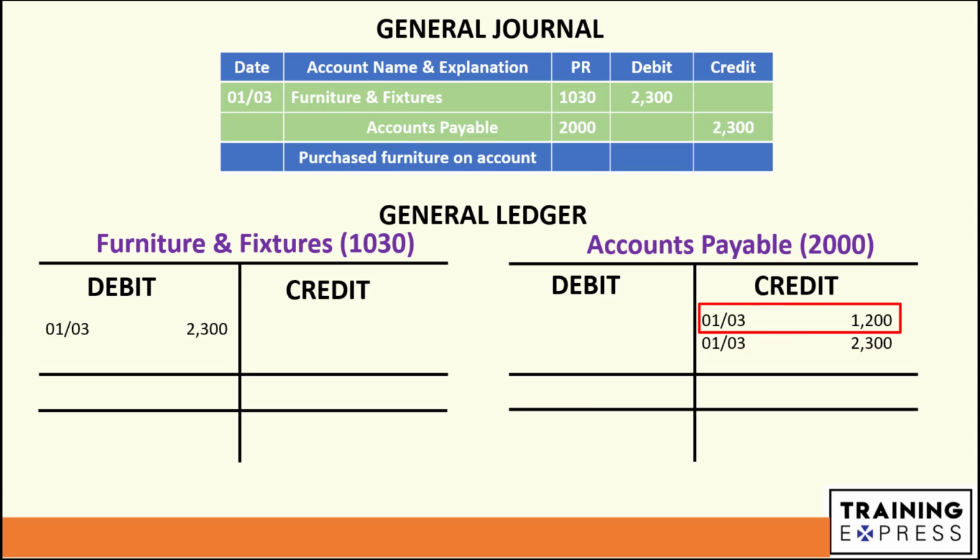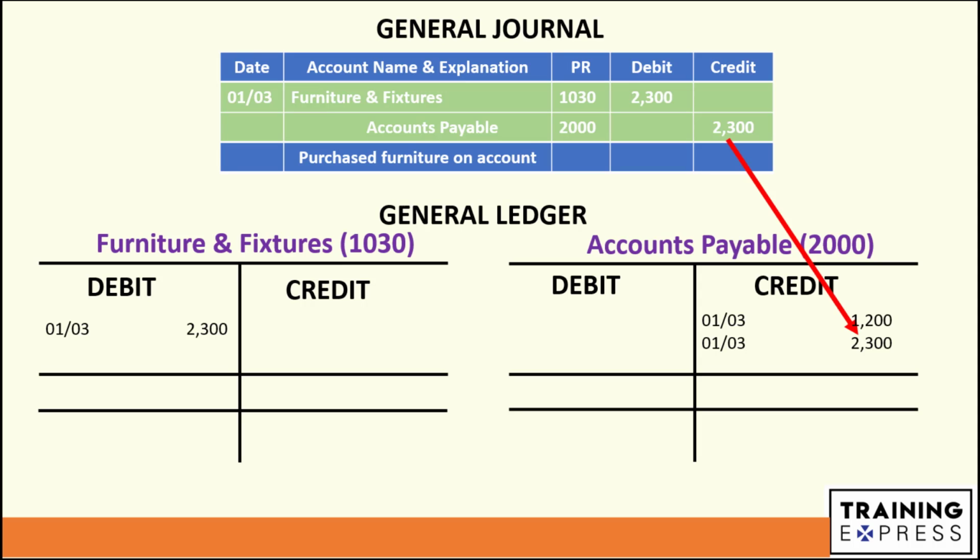Again, try to note that $1,200 is coming from the old transaction. So let's look at this posting process again. You can see that furniture and fixtures is debited by $2,300 and we are writing $2,300 on the debit side of the furniture and fixtures.